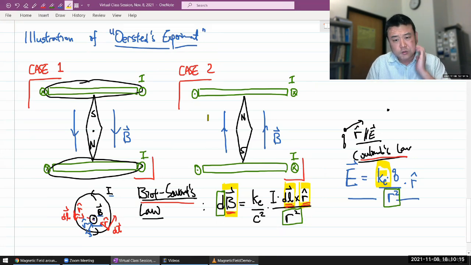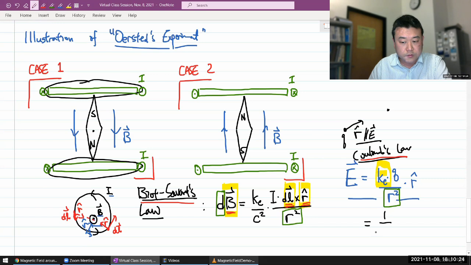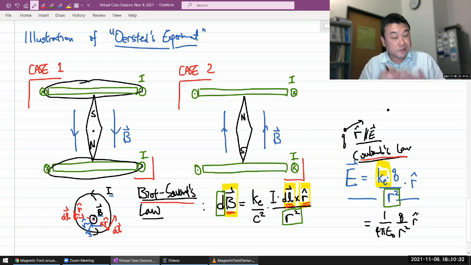A lot of textbooks will switch at some point from using the Coulomb constant to the permittivity of free space. So Coulomb's law would be written like 1 over 4 pi epsilon naught q over r squared r-hat. And this approach does make Gauss's law look simpler, so I mean, there's a justification for it.